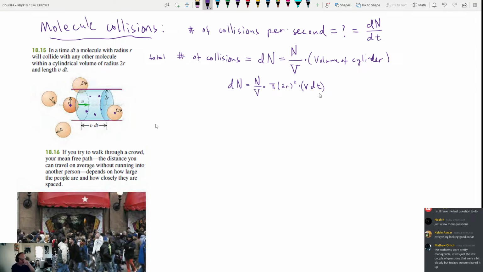That's the volume of the cylinder. So this would be equal to, I'm going to divide the dt over here, because ultimately we're trying to get number of collisions per second. So we've got a 4 pi r squared, it looks like, an N over V.